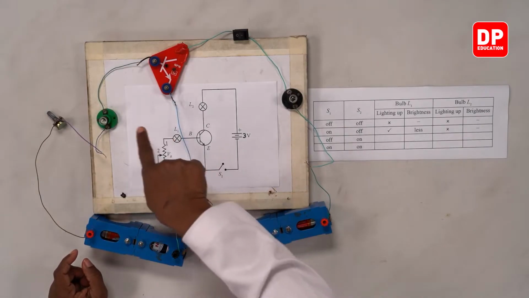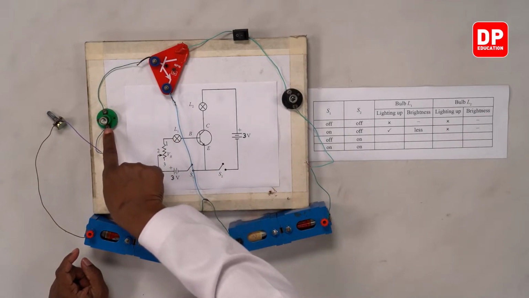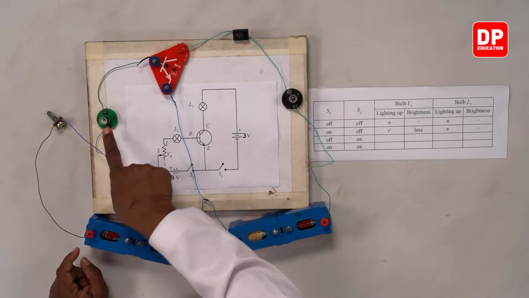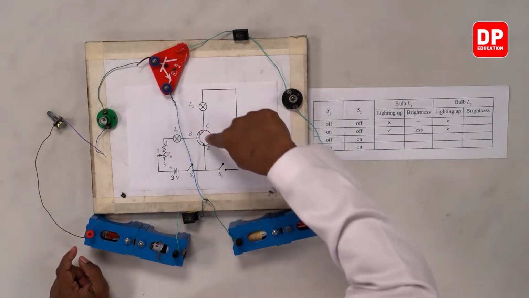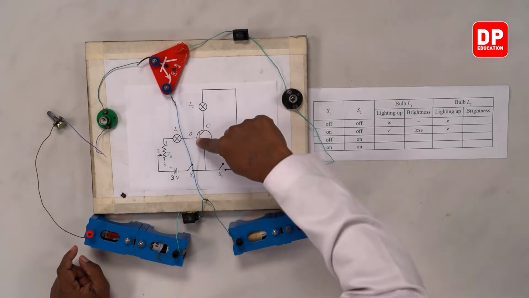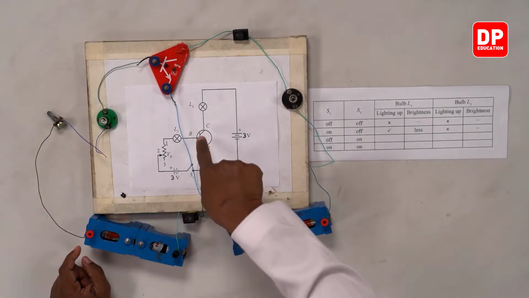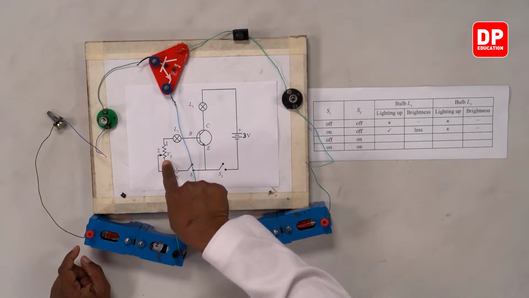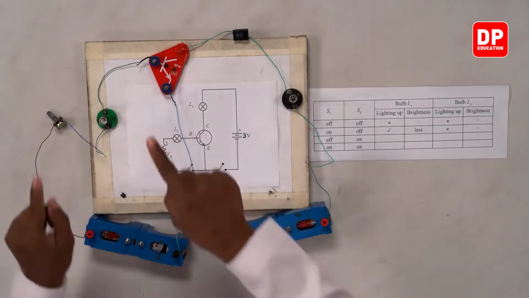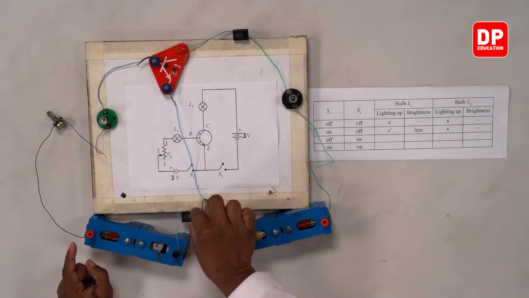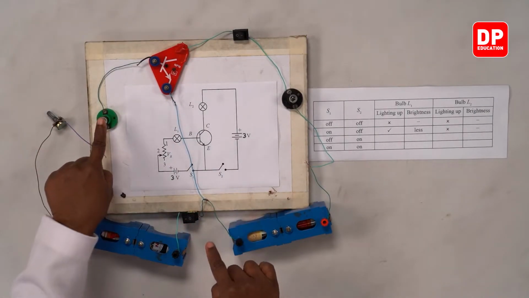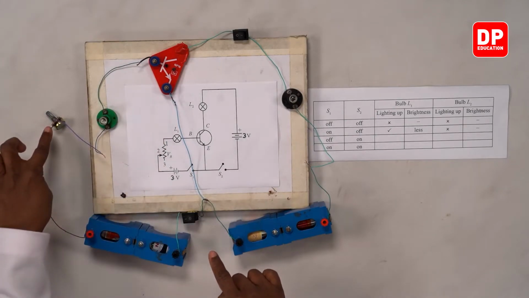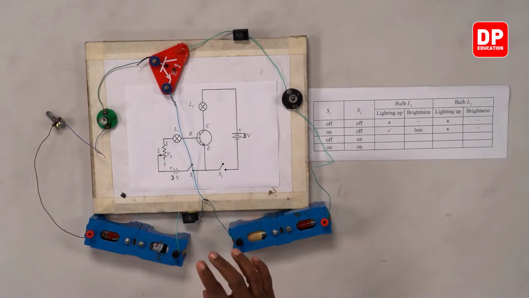Then we have L1, that is this. This is bulb 1 or light 1. And to the base of the transistor, the conducting wire is connected. And this is going to be the input circuit. This side is going to be the input circuit and this is S1. S1, L1 and the transistor, volume control resistance and the bulb.